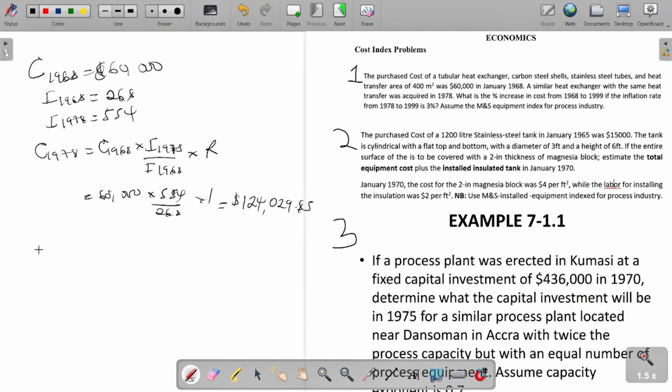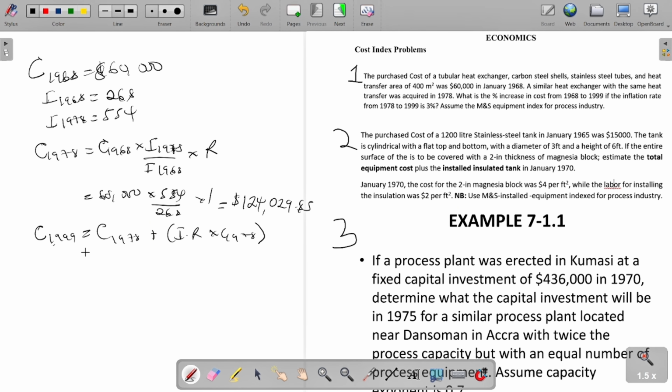But they want us to calculate the percent increase from 68 to 99. That's why they gave us an inflation rate. If I want to get the cost in 1999, it becomes the cost in 1978 plus the inflation rate multiplied by the cost in 1978. This is what we wanted to calculate, but without getting the cost in 1978, we couldn't have calculated the cost in 1999.